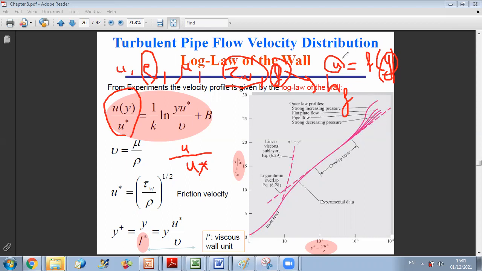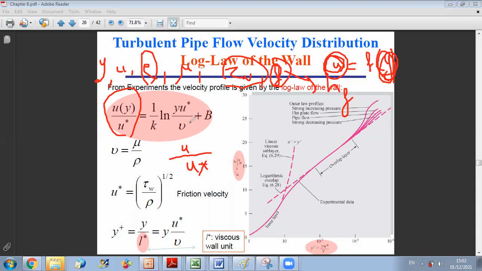Since you need to relate u as a function of y, just as we found a dimensionless parameter related to velocity, we need to find a dimensionless parameter related to y. If we look at our parameters, rho and mu, and y, of course y is a variable here. It's important because we are interested in the variation of velocity with y.